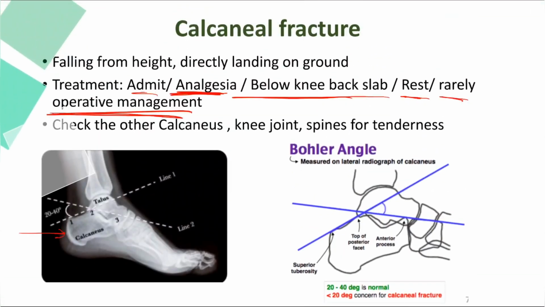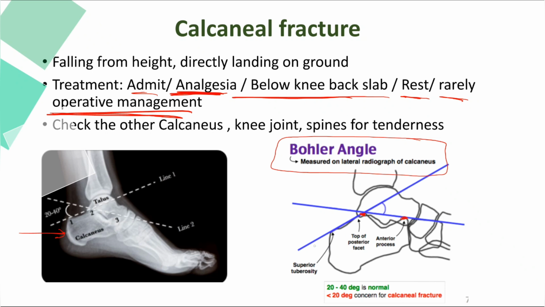Before going to the Lisfranc fracture, I have to tell you about the Bohler angle. This is measured on a lateral radiograph of the calcaneus, in which two imaginary lines are drawn. One line goes from the tip of the posterior facet of the calcaneus to the anterior process.